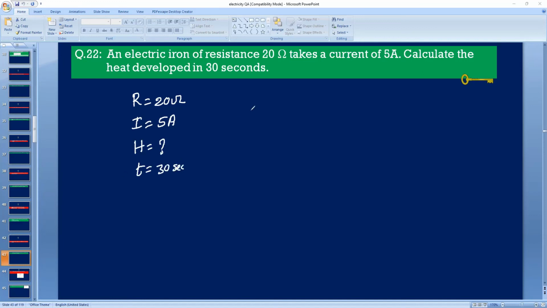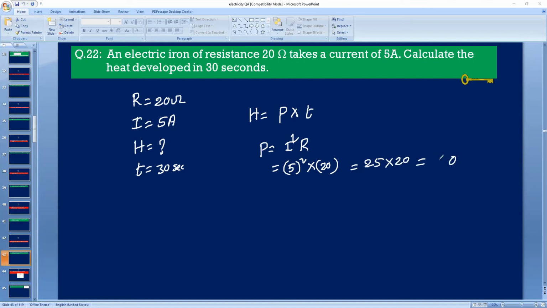As you know that H is equal to P into T. So we need to calculate power P. P is equal to I square R. So I value 5 amperes. 5 square into 20 ohms, which is equal to 25 into 20 is equal to 500 watt.